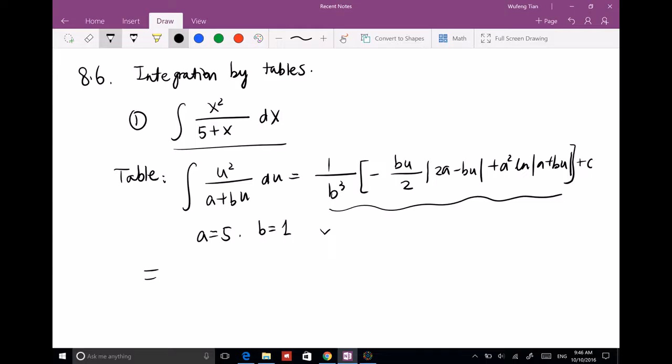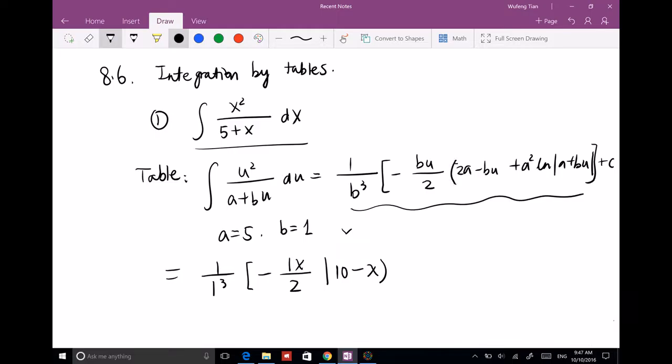Okay. 1 over 1, x, minus, so what did you say? 10. Yeah, 10. Minus. Actually, this is not an absolute value. It's just a parenthesis because there's no ln here.